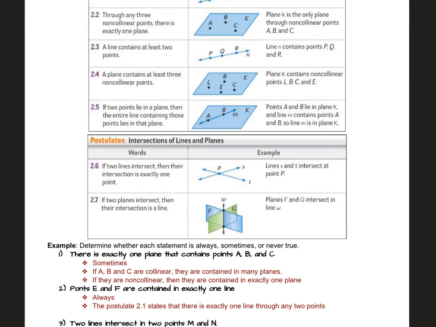Example 3 states 2 lines intersect in 2 points, M and N. So would that be always, sometimes, or never true? And the correct answer would be never, because the intersection of 2 lines is 1 point. So you can't have 2 lines intersecting at 2 points. They can only intersect at 1 point.